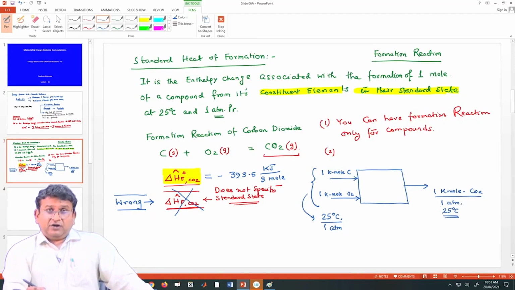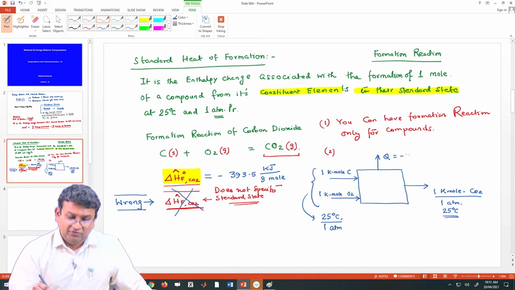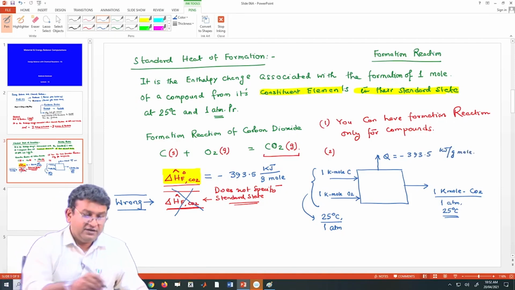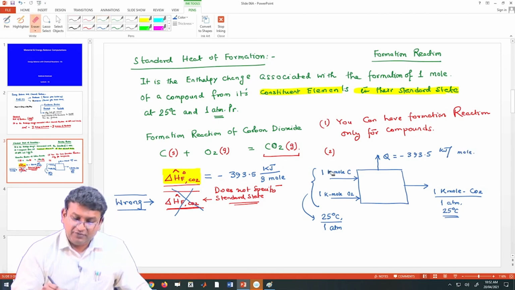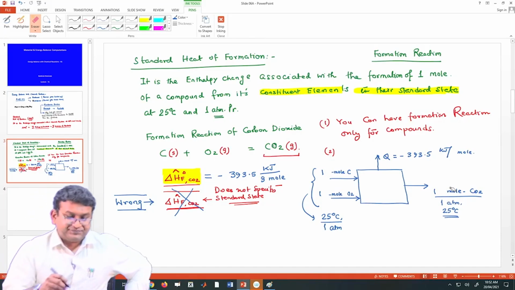However, the reactant and products enter and leave at the same temperature. So, some heat must get liberated, and the amount of that heat is minus 393.5 kilojoule per gram mole. I am sorry, it should not be kilomoles, it should be 1 mole, kilojoule per gram mole, sorry, right. It is like this.